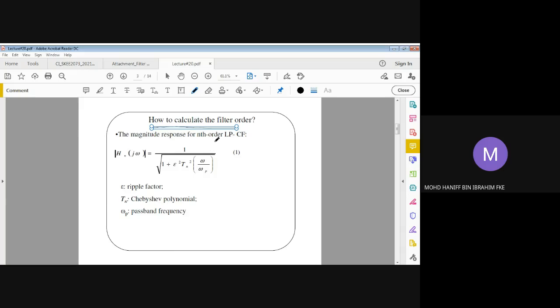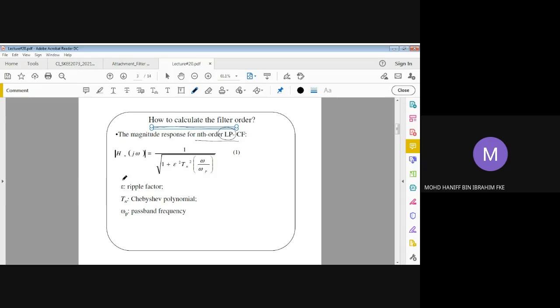For the nth order low pass Chebyshev filter, I am going to use low pass as my reference, the same as we did for Butterworth last time. The high pass filters can be obtained by using the transformation table, which we will show after this.